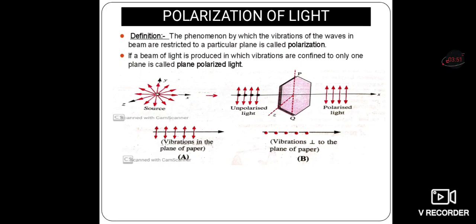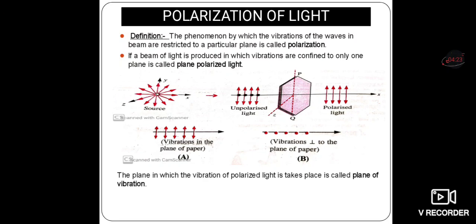In this case the perpendicular vibrations do not occur in the main diagram; the dotted lines are not observed, but only the plane, that is parallel vibrations, are observed. Means the unpolarized or ordinary light is restricted to moving in only one plane, or the vibrations are restricted to only one plane. Such a process is called polarization.